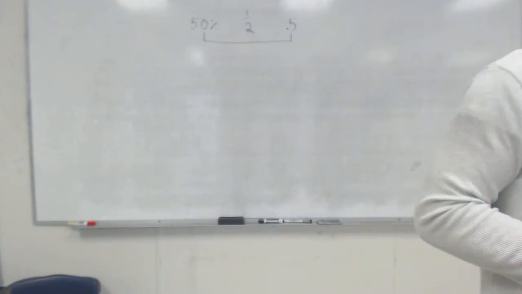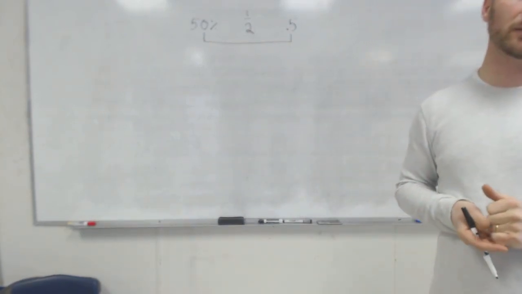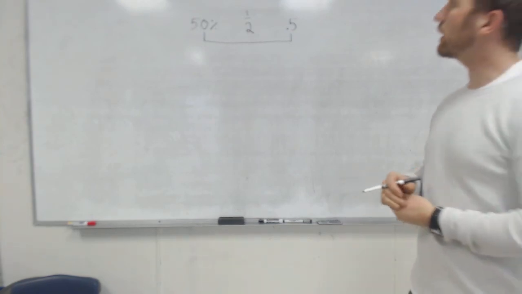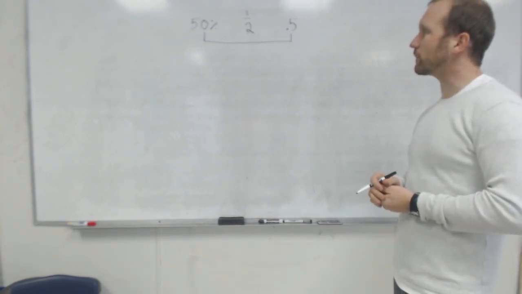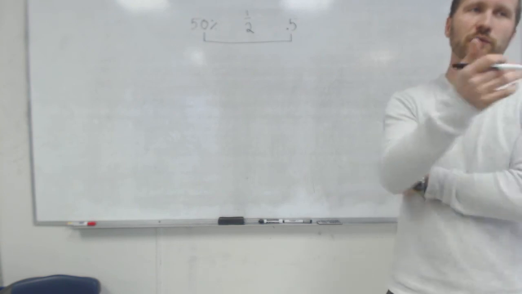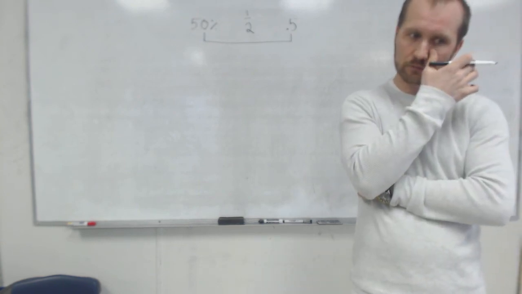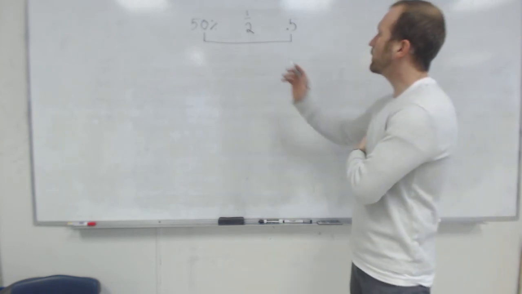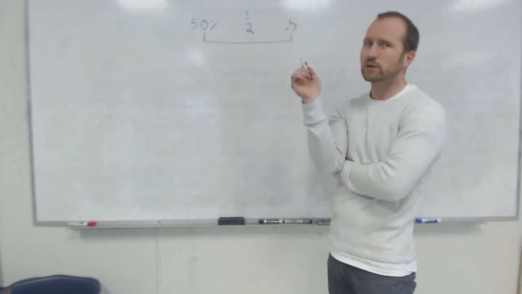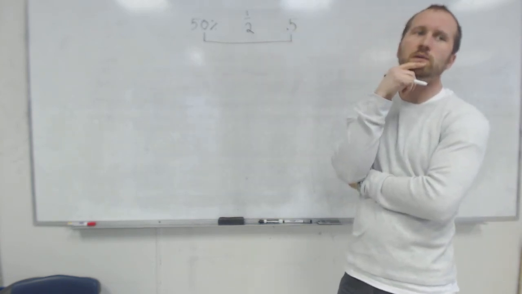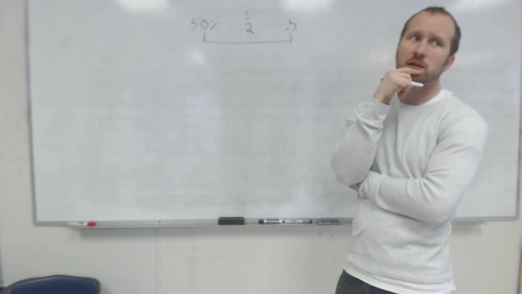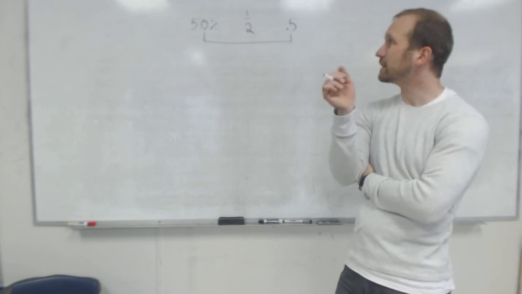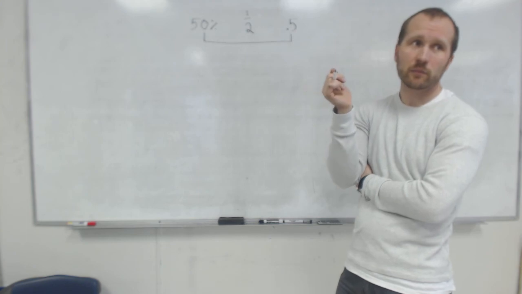Okay. How do we go from either a percent or a decimal to a fraction? The answer is that you don't go from a percent to a fraction, really. You can.